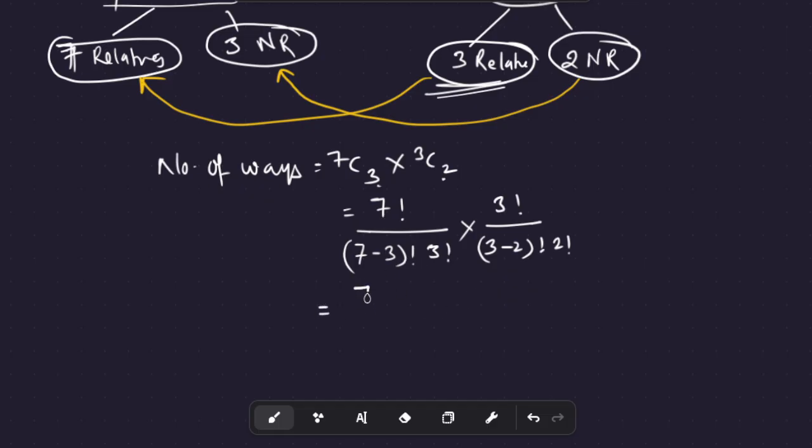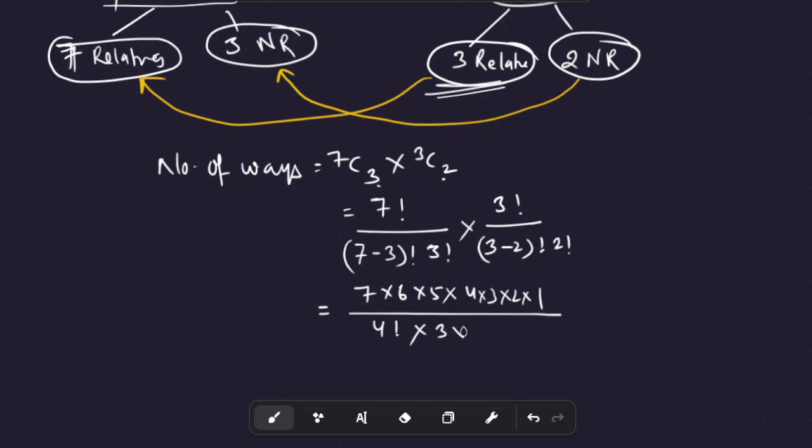Now 7, 6, 5, then 4 factorial, since 7 minus 3 is 4 factorial, so we can go up to 4. Or if you are confused, you can expand it up to 1 also, like 5, 4, 3, 2, 1.